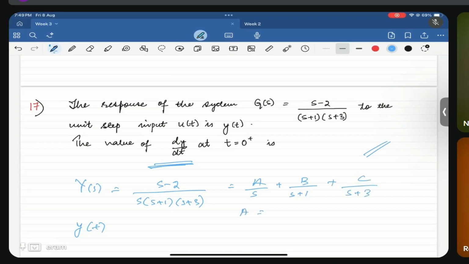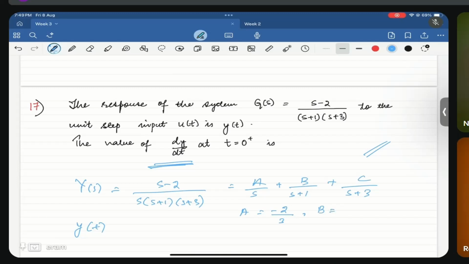So A will be minus 2 by 3. Please correct me if I do something wrong.